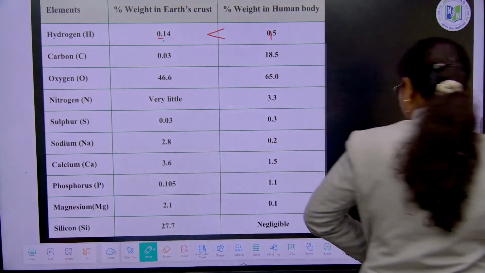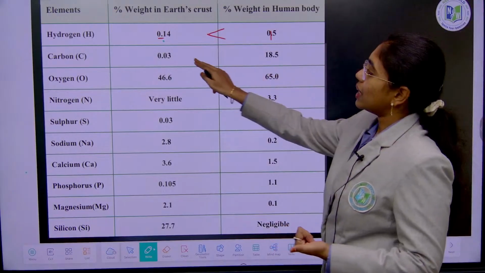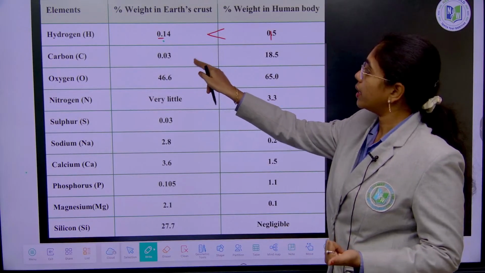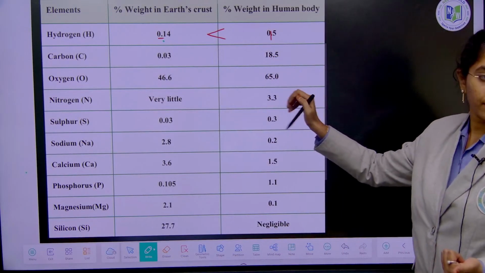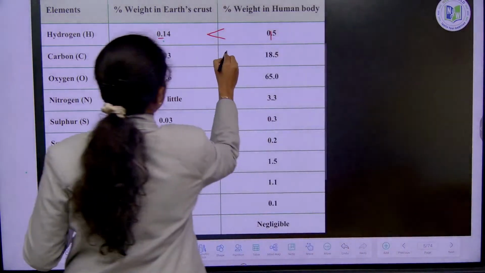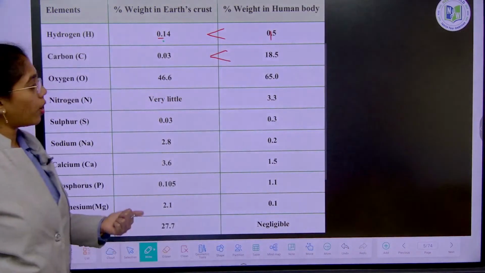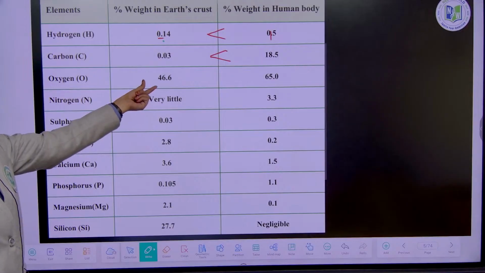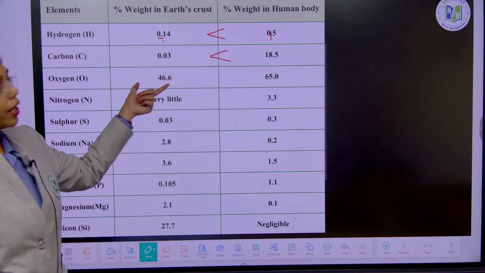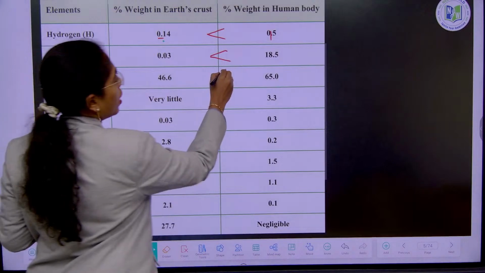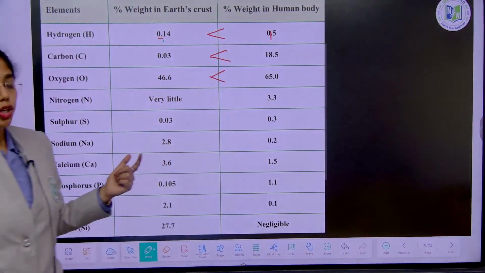And then second carbon, if you see, it is 0.03 in the earth crust, 18.5 in the human body. So it is more in the human body. Then oxygen, if we observe, 65.0, here 46.6. So relative abundance is more in human body.